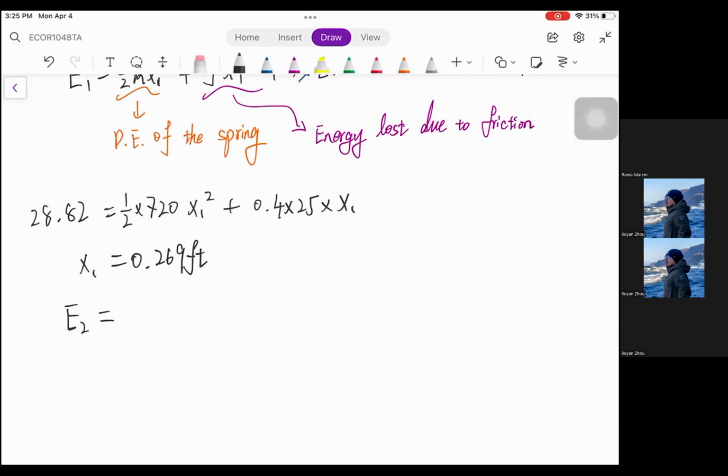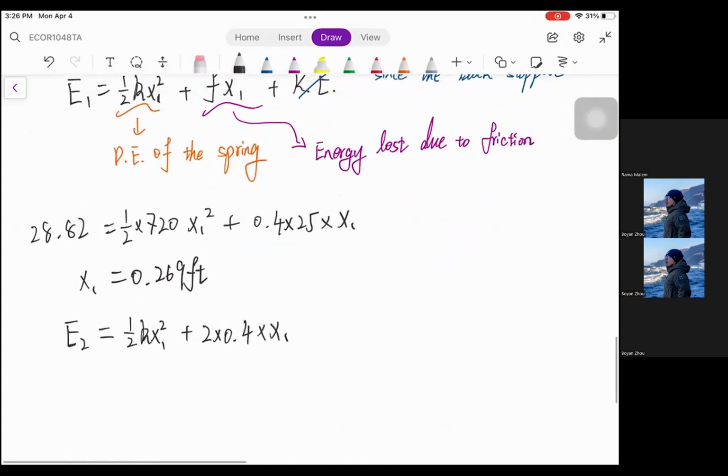And E2 is supposed to equal the potential energy of the spring, half K x1 squared, plus the total energy consumed by the friction, so 2 times 0.4 times x1.